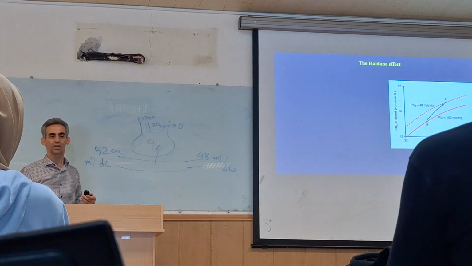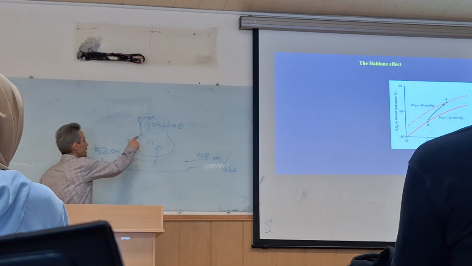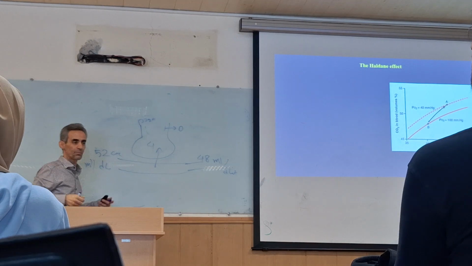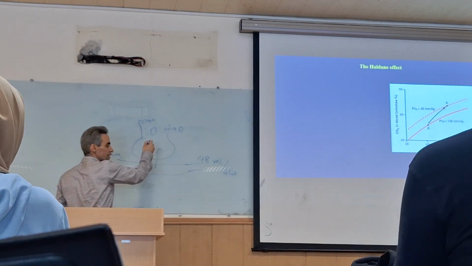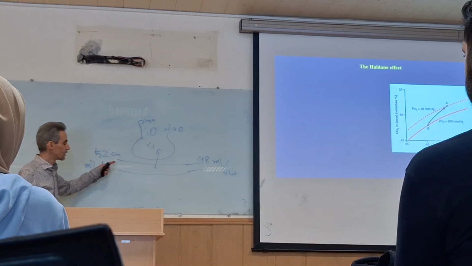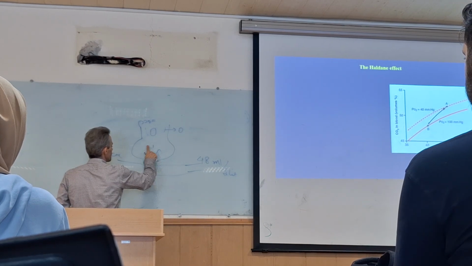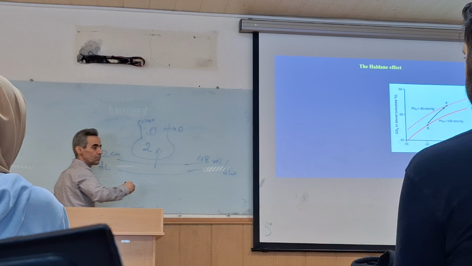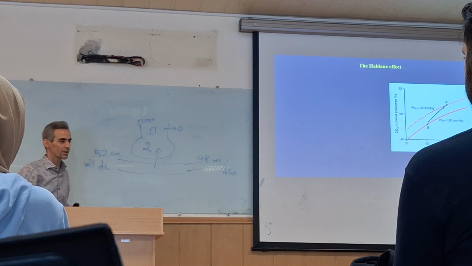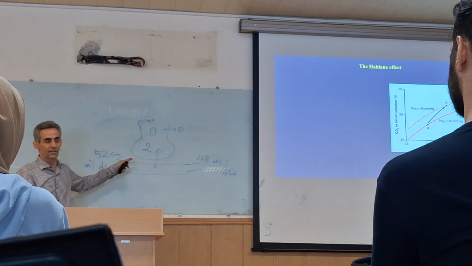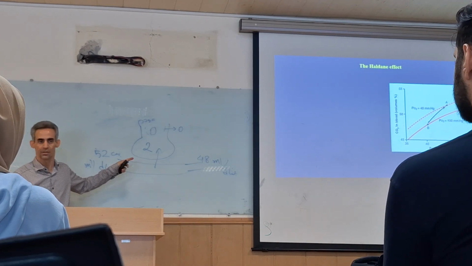When we remove all of the oxygen from the alveoli, oxygen pressure here is 0. What happened? We can see that only 2 milliliters of carbon dioxide can be removed. And the removal of carbon dioxide decreases to half.